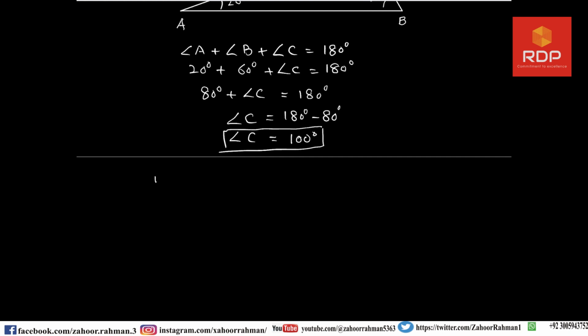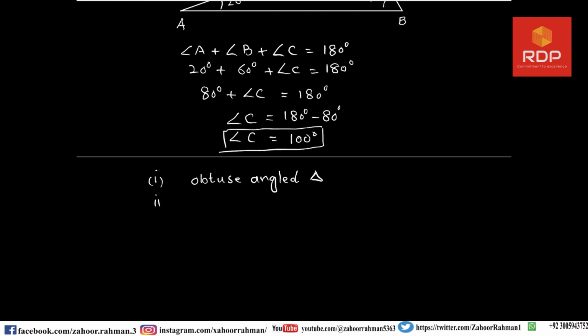Now, because one angle is greater than 90 degrees, it is an obtuse angled triangle. Obtuse angled triangle for the first one.